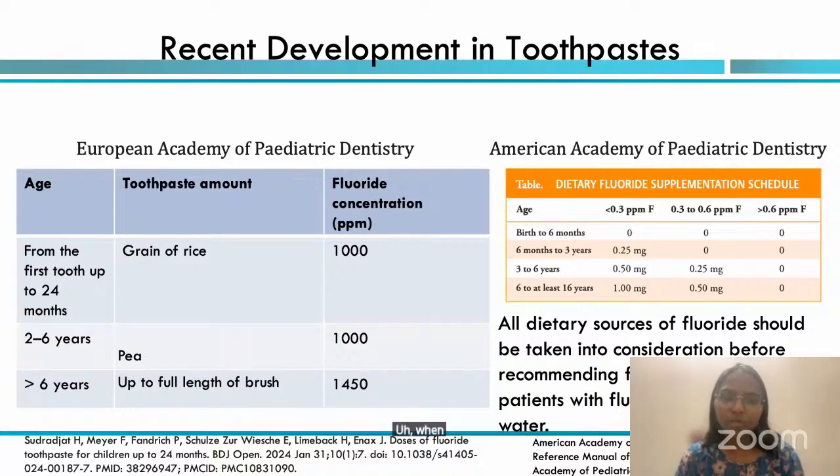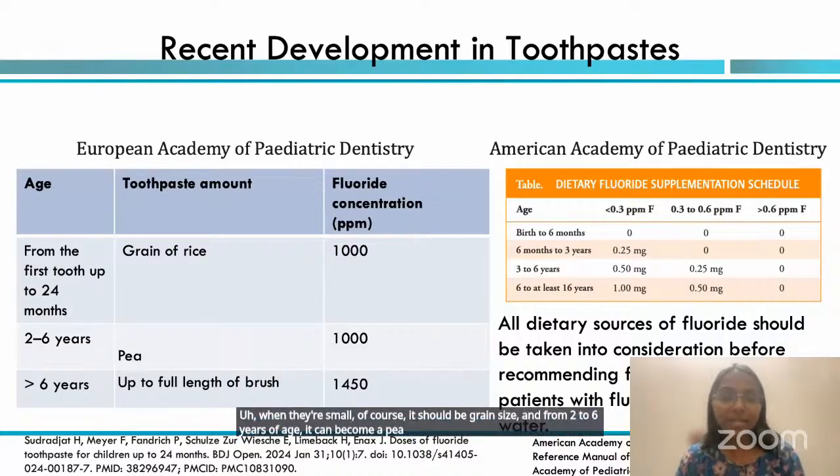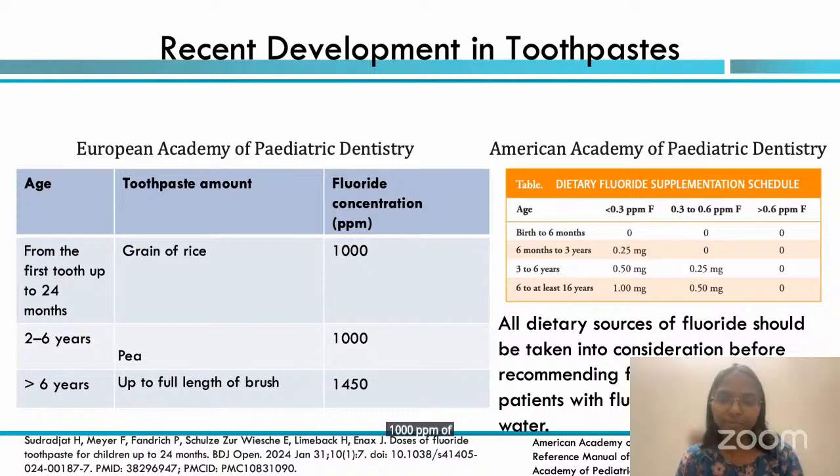When they're small, it should be grain size, and from 2 to 6 years of age, it can become pea size. The recommended toothpaste is 1000 ppm of fluoride.